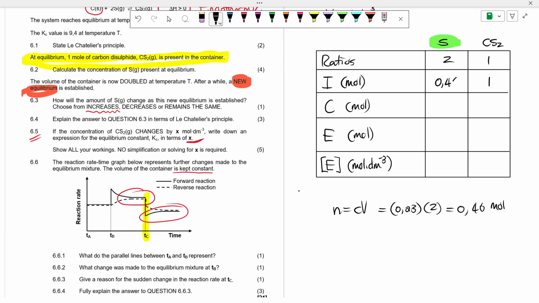Yes, 0.46 moles. And then we have to find our change. We can go to our change block.